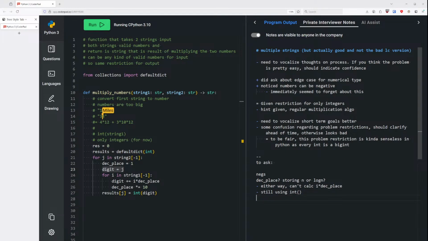So that would be the 34, starting with the 4. Yep. And then I'm going through 12 in reverse, so that's 4 times 2, digit plus equals. Oh. J. That makes sense. It was wrong.